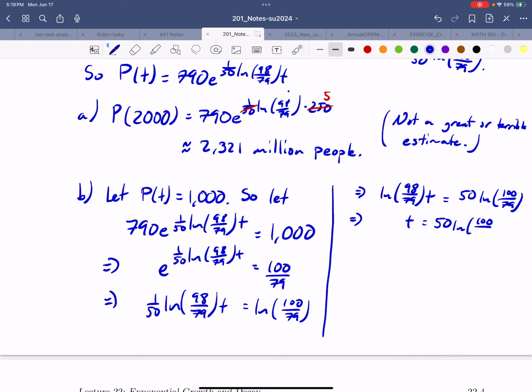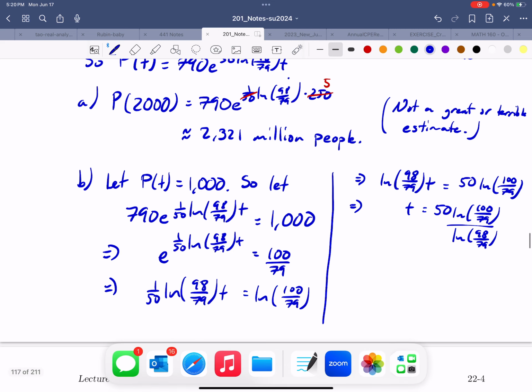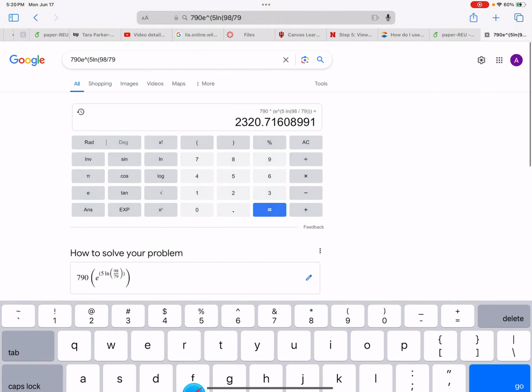Now, on an exam, you would just leave it like this. There are ways to simplify, but it's not really worth it. But just to show you what this would give us, if we put this into a calculator, again, I wouldn't have you do this on an exam.